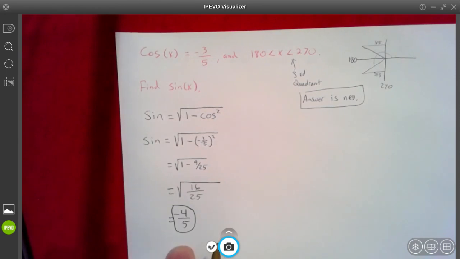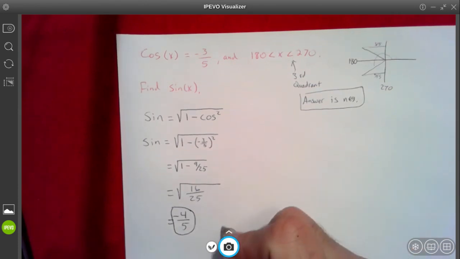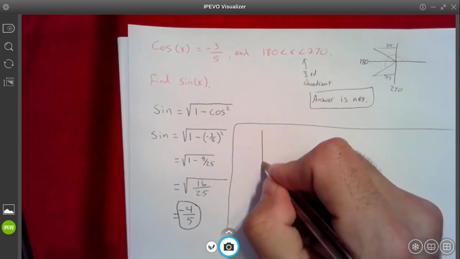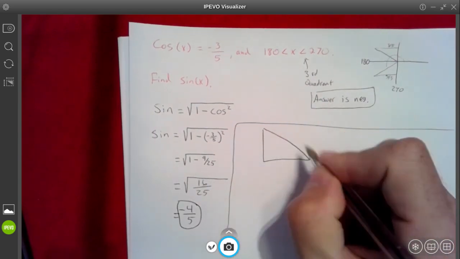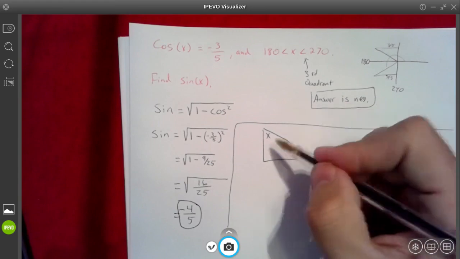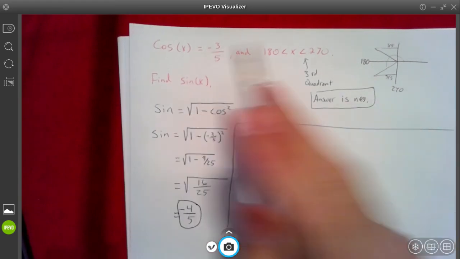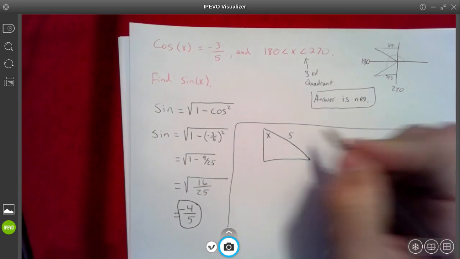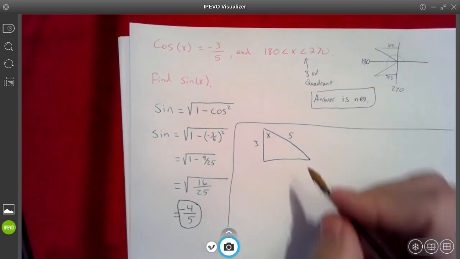The classic way is just to use right triangles, right? I'll go over that one as well, just to refresh you on it. What you do is you build a right triangle where one of the angles has a cosine of 3/5. I'm ignoring the negative part. The hypotenuse is 5, adjacent's 3.